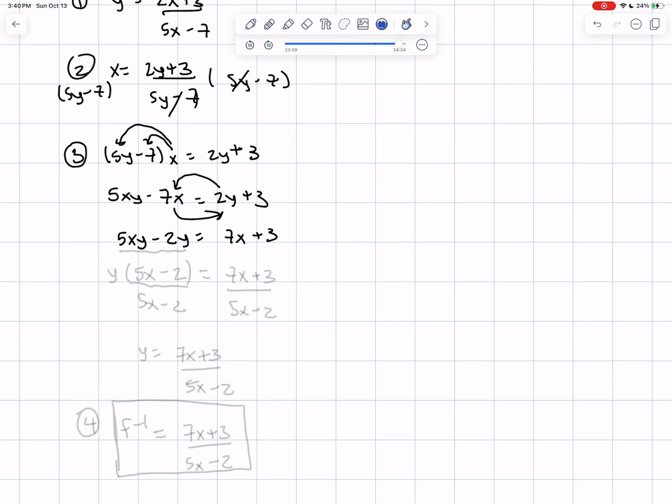Well, if we go back to what we did before, we factored the y out. So I'm going to take the y out of the whole thing here. So that means it's going to be y parentheses 5x minus 2. So you just took the y out. And now I want to get the y by itself, so you just divide by 5x minus 2 and move it onto the other side. So you're left with y equals 7x plus 3 over 5x minus 2.